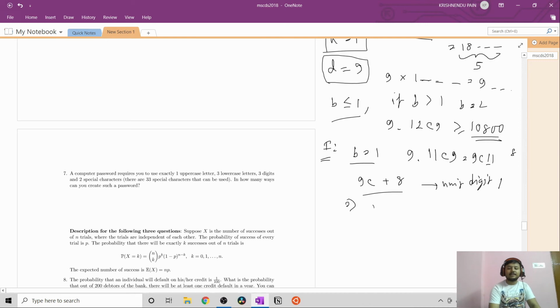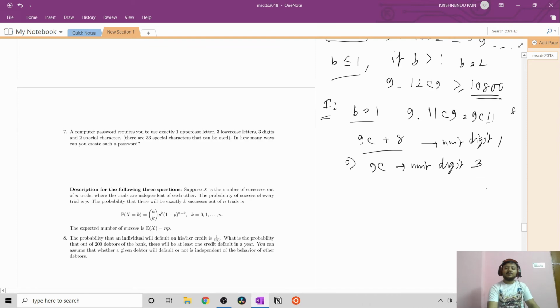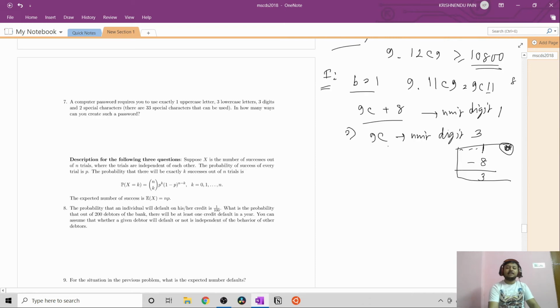So this implies 9C has unit digit as 3. How am I getting this? Because if there is a number where the unit digit is 1, if you subtract 8 from this, you will get 3, and there will be some x here. So from this reason we are taking 9C as having the unit digit 3. Now this implies C is equal to 7, but 9 into 1179 is not equal to 9711.